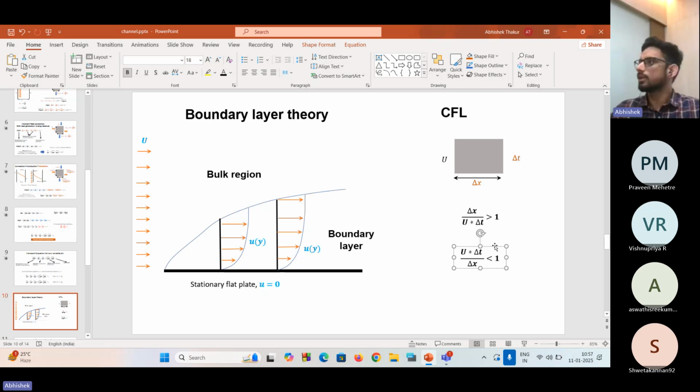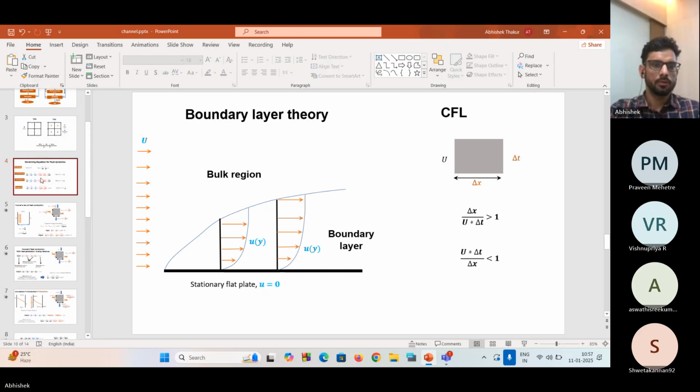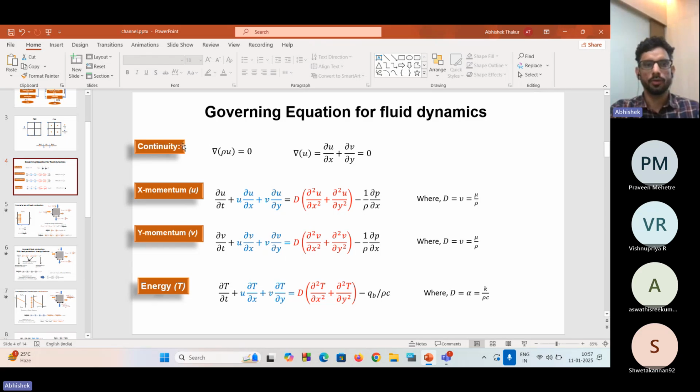Even if you are doing any simulation of the fluid, you should always use turbulence models. But turbulence models need very high computational power. In fluid flow we have to solve three equations: continuity, x and y momentum.